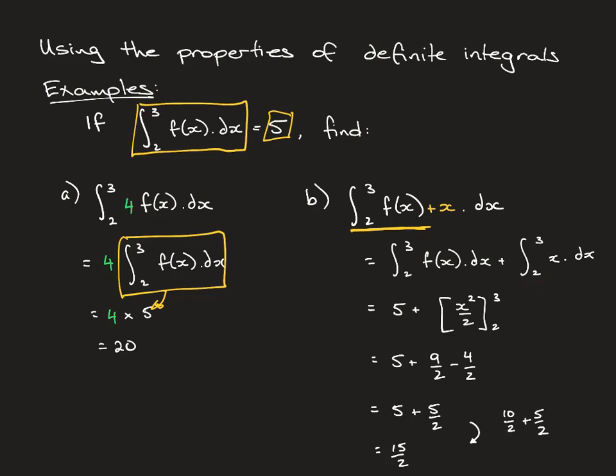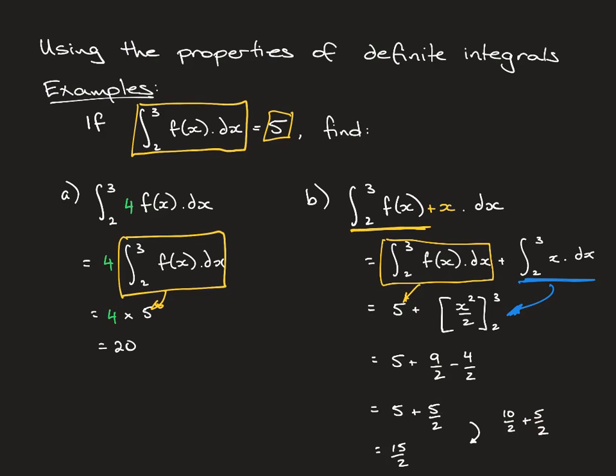When we do that, we know that the integral from 2 to 3 of f of x is 5, so we just replace that value there, and then we evaluate that particular integral step by step by finding the antiderivative, substituting in our 3 and taking away our 2 substituted in, tidying up with our fractions. So we've got 5 plus 4, 9 on 2 minus 4 on 2, 5 plus 5 on 2. So the 5 is 10 on 2 plus 5 on 2 is 15 on 2.